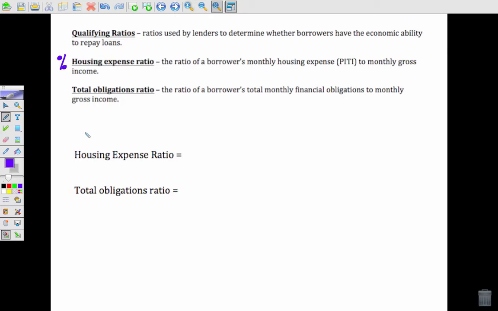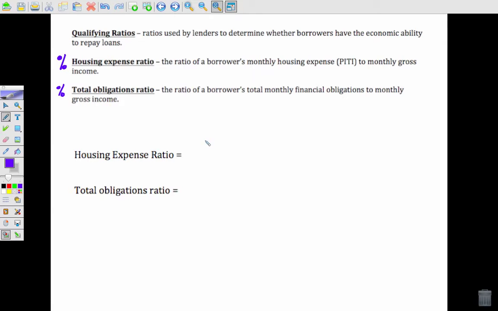And then there is the total obligations ratio, the ratio of a borrower's total monthly financial obligations. So if there are car loans, other types of fees, insurances, child support, whatever that is, there's another percent that we're going to find. These two percents will control what kind of loan you can get, conventional or FHA.